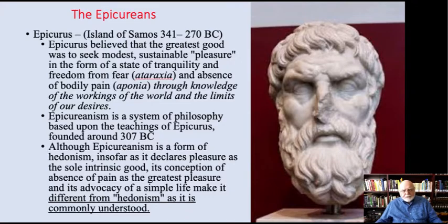Their view of pleasure was not momentary sensations of pleasure, but rather a state of tranquility, an absence of fear, an absence of pain. And what was important about this state of tranquility for Epicurus was that it was obtained through understanding the world and understanding the limits to one's desires.